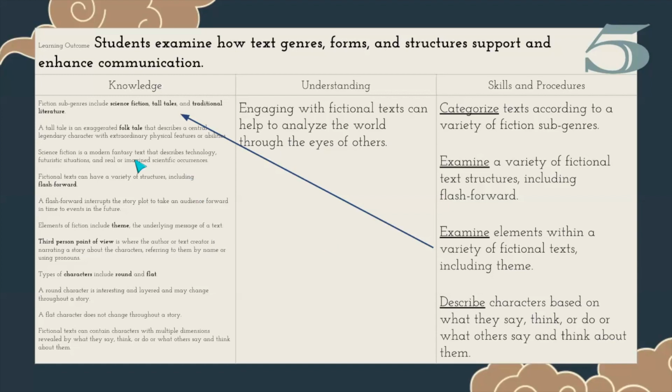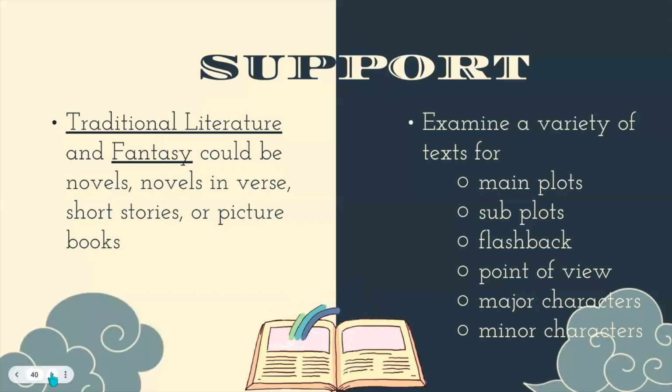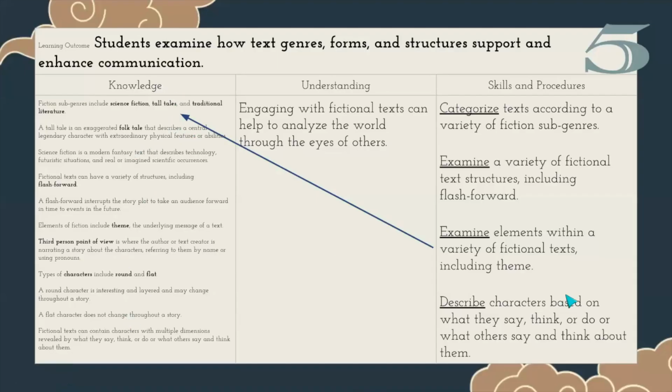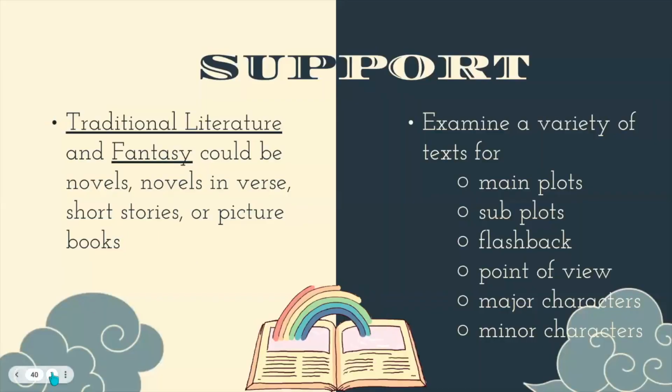It also explicitly mentions folktale because tall tales are a type of folktale, so that's why it's there. And then we're talking about characterization and how we get to know characters, and how we know more about a round character than a flat character. It also talks about theme.